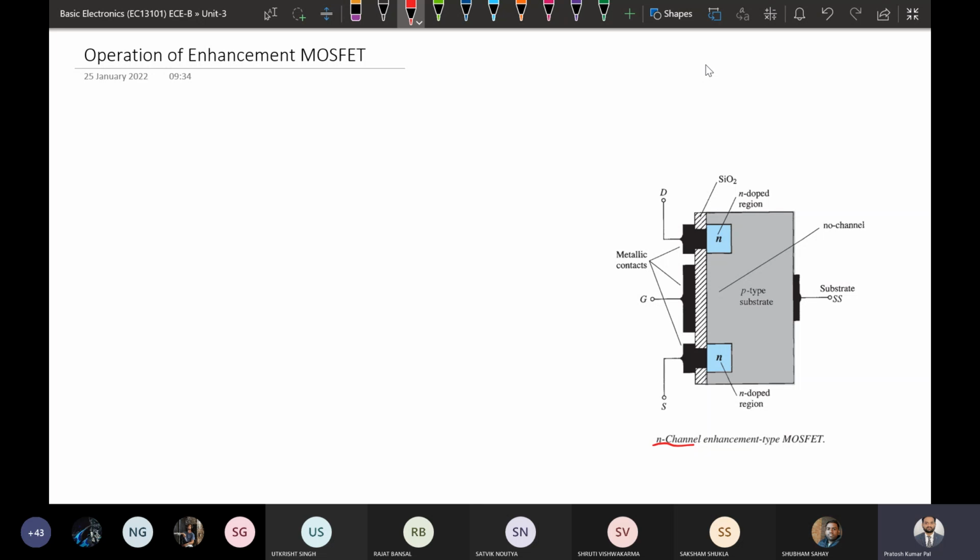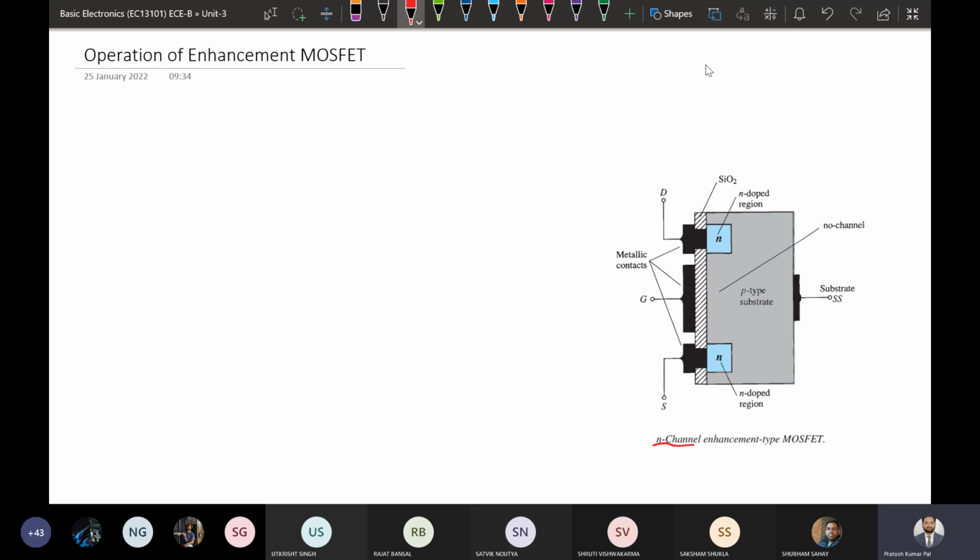This is N plus doping, quite higher doping. And this substrate is of P type. Here this is oxide and this one is metal, and this metal will connect to the gate terminal. So it is a metal oxide and semiconductor connection.